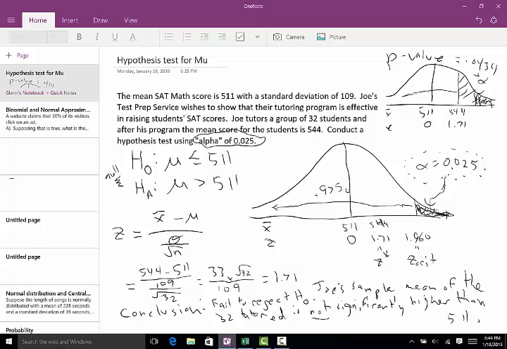So then the same conclusion. You don't need z-crit in this case. When you're doing the p-value approach, you compare your p-value to alpha. In this case, since the p-value is greater than alpha, we cannot reject H0.